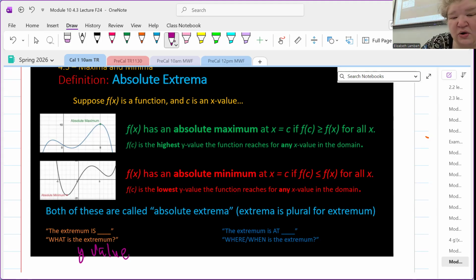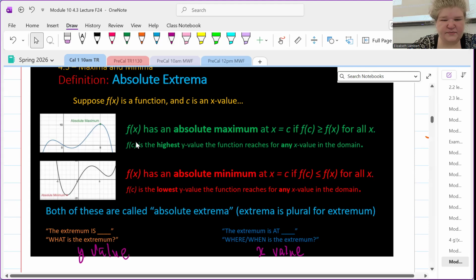When it says where or when the extremum is at, this is asking for the x value. Most of the time, though, when we're focusing on absolute max and min, we're focusing on the y value. Like, what is the absolute highest value or what is the absolute lowest value?